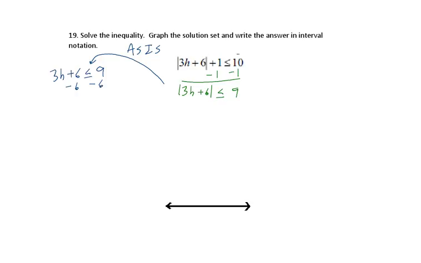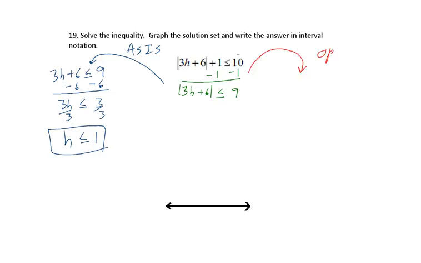So minus 6, so 3h is less than or equal to 3. And then divide by 3, so h is less than or equal to 1. There's one answer. All right, next is opposite.